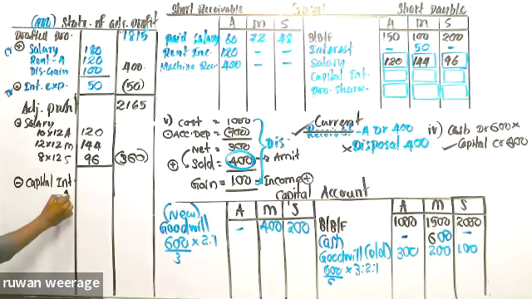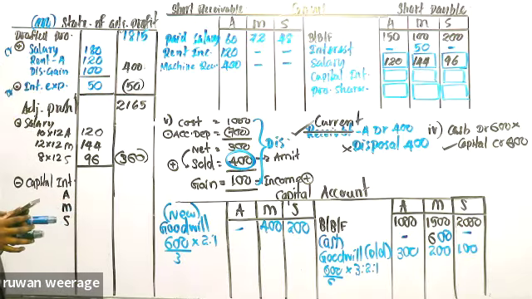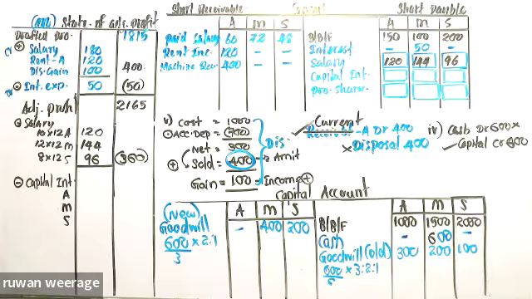Then calculate capital interest. Capital interest: Amit, Malit and Samit. Clear? Then capital interest is calculated on opening balance or closing balance? Closing balances, right?